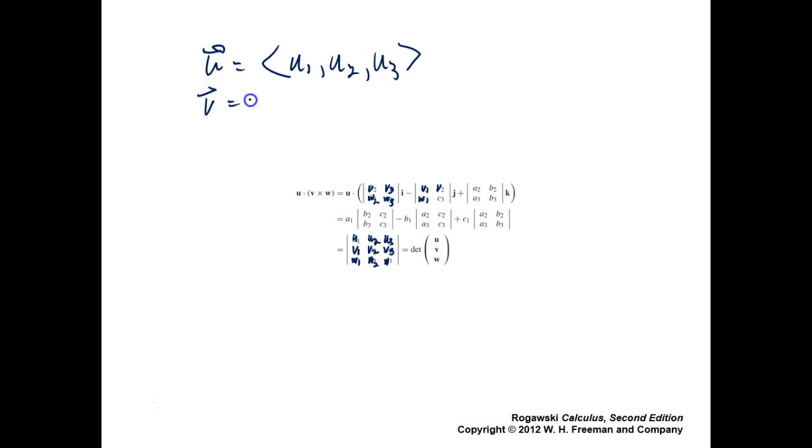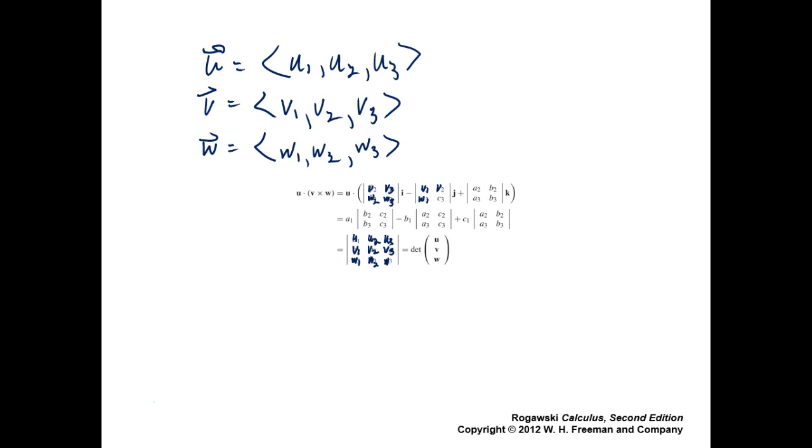V is equal to V1, V2, V3. I don't know if you remember, but last time we met, I asked, why in the world did they change these? And I don't know why. That was an awkward way to do it. And W, this makes so much sense. These are the components of W: W1, W2, and W3. You don't have to keep up with who's 1, 2, and 3 and who's A, B, and C. Just do it by that, okay?